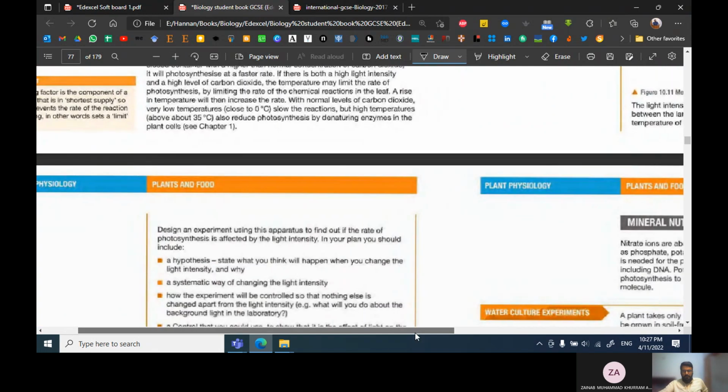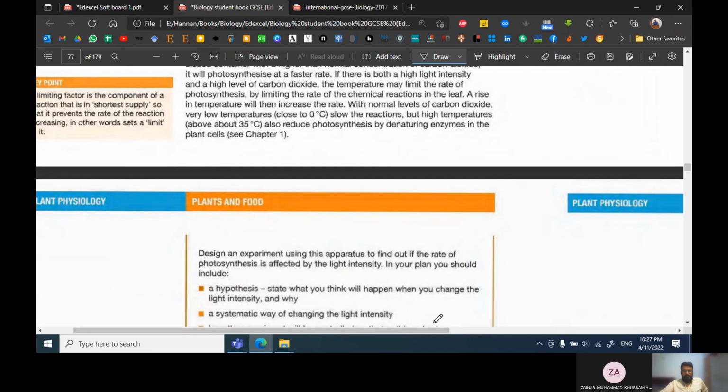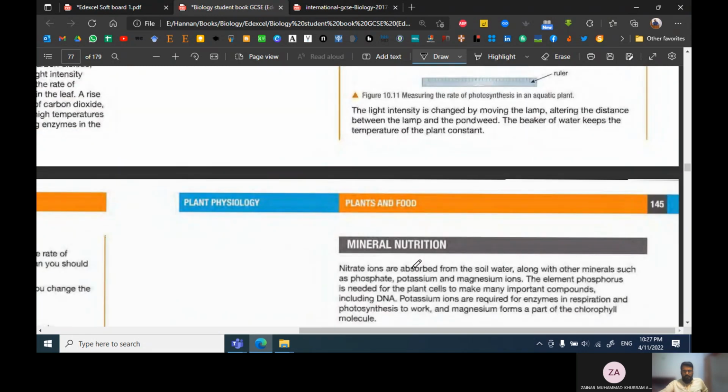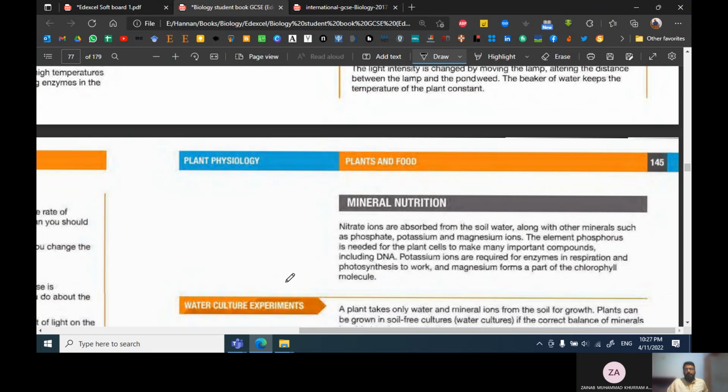One of the minerals is nitrogen, which is important in making proteins. Obviously, nitrate ions or nitrogen are very important in making proteins. But some other minerals are also mentioned: phosphate, potassium, and magnesium. Phosphorus is needed for the plant cells to make important compounds, including DNA.